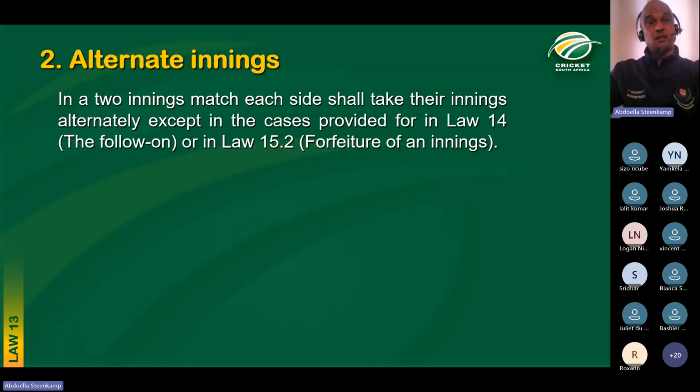Sri Lanka bats first, let's say gets dismissed for 300. India then needs to go bat. After that, they get dismissed. Then Sri Lanka go bat again, and then India go bat again. So usually, innings are to be taken alternately. There are exceptions when it comes to follow-on and forfeiture, but we'll get there later this evening.